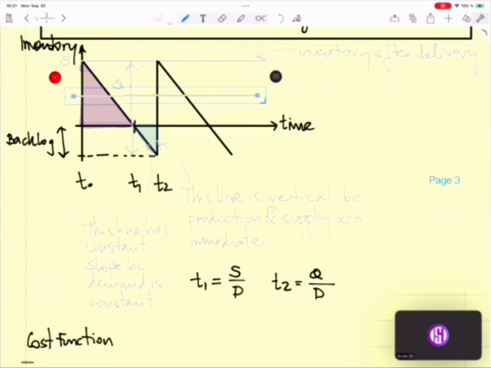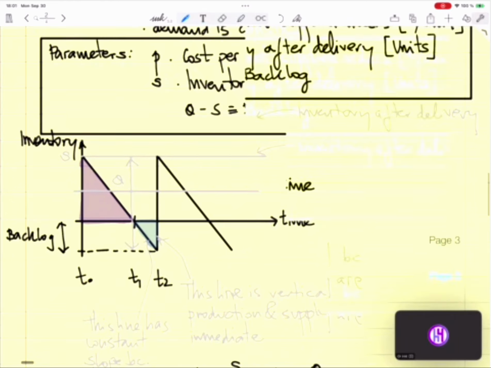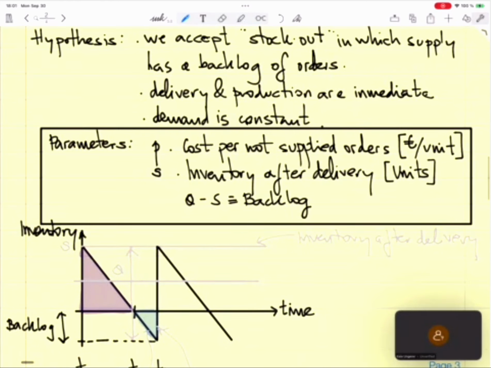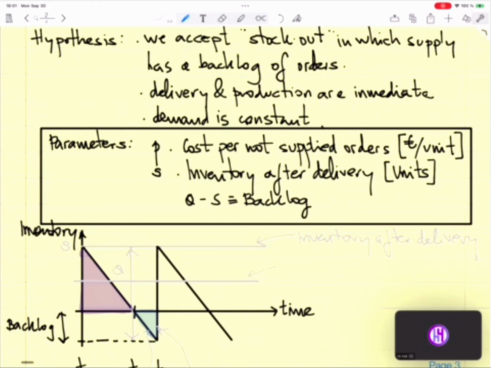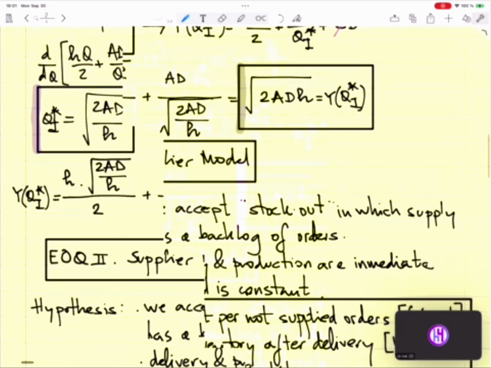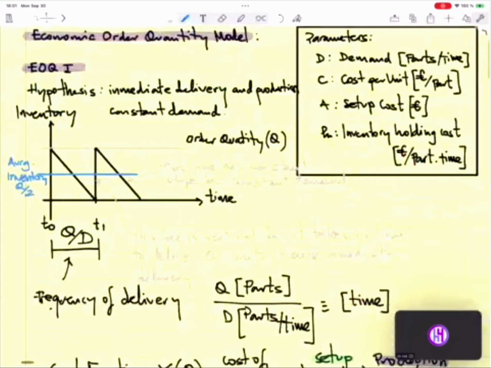What is the average inventory? Before we had Q divided by 2.